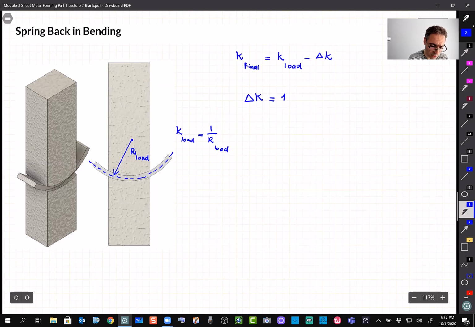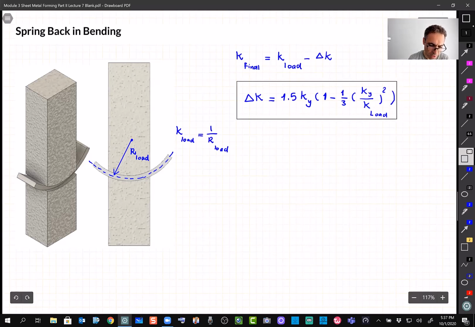You need to know this one: 1.5 Ky times the bracket of 1 minus 1/3 of Ky divided by K load, squared, and bracket closed, right? So you see that's a relatively long formula, but that's a very common formula that people in industry use a lot. So that's the amount of spring back. So this is the spring back we get.